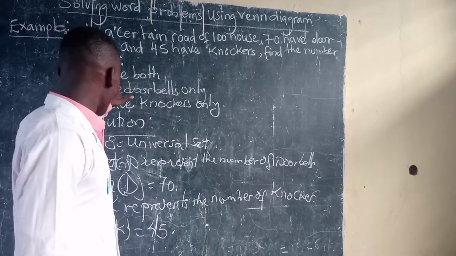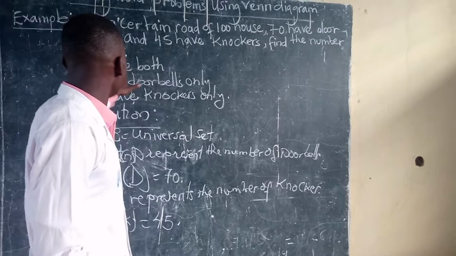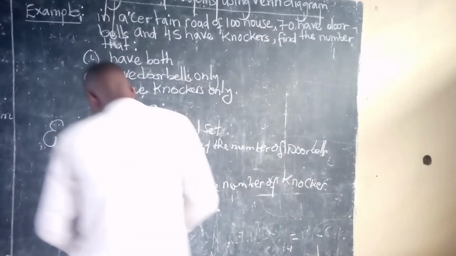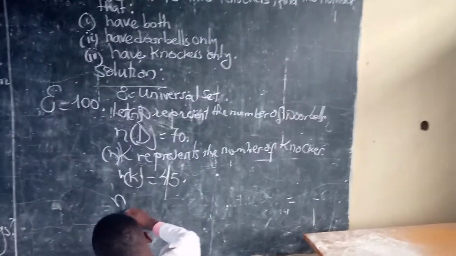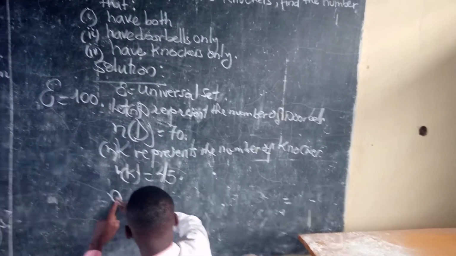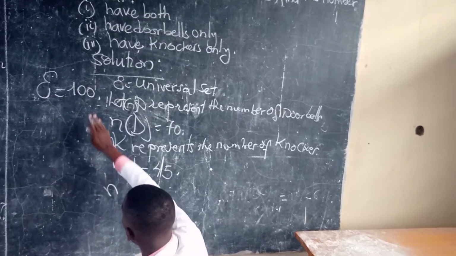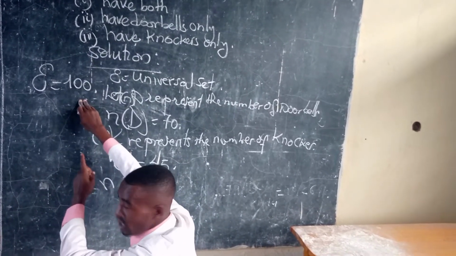When I say the number of both, I don't have the number of both here. That is to mean that the number of doorbells and the number of knockers as the union, I have seen that I have 100.